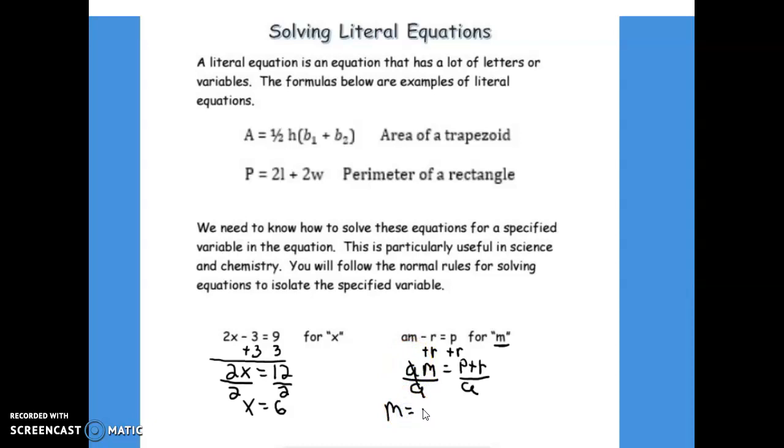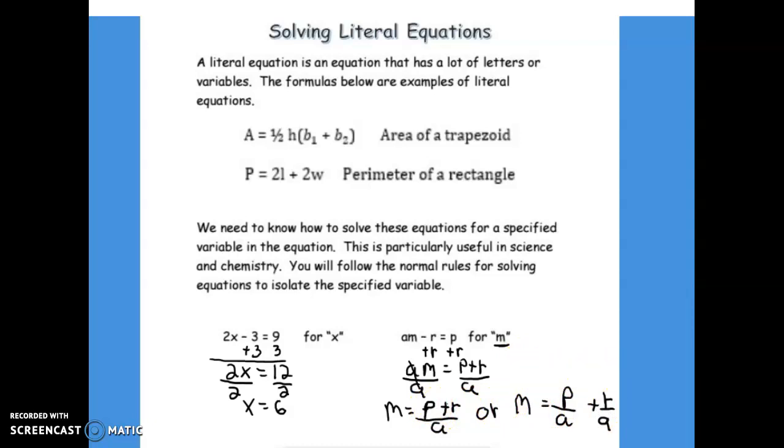And you would be left with p plus r over a, or there's a different way to write this, or you could write it and distribute out the letter on the bottom. So that could be p over a plus r over a. So any way you write it would be correct.